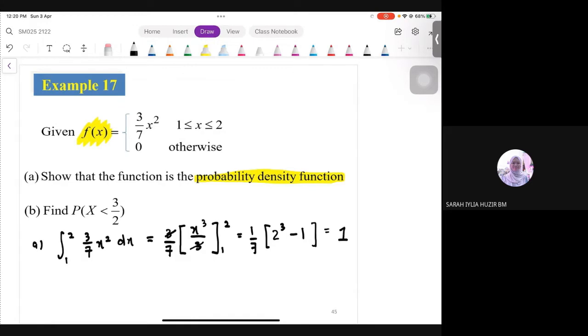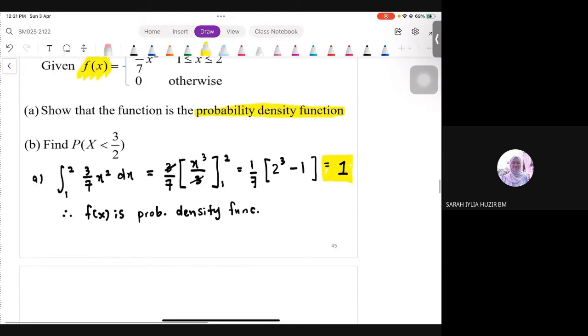So since the integration is equal to 1, we can conclude that f(x) is continuous random variable and f(x) is actually probability density function. Okay, catat. That's the step. Itu je kerja dia. Integrate function, buktikan mesti dapat 1. Okay, kebetulan soalan ni ada satu je function dan quite easy lah kita tinggal integrate satu function terus dapat 1. Kalau ada few function, then you have to integrate each function based on its range.